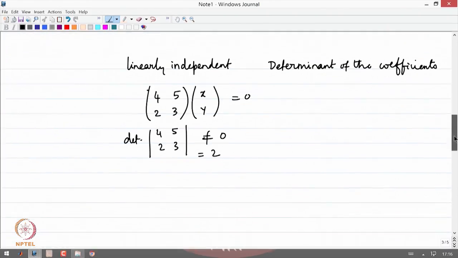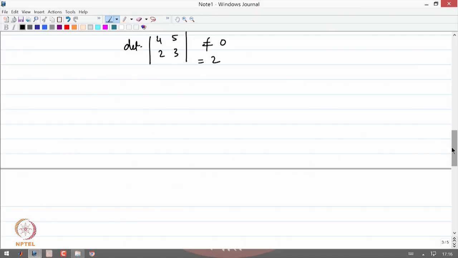So let me do the same thing now with a slightly different equation. Let us assume it is 2x plus 3y is equal to 0, and 6x plus 9y is equal to 0. It is obvious by looking at it that the second equation is 3 times the first equation.